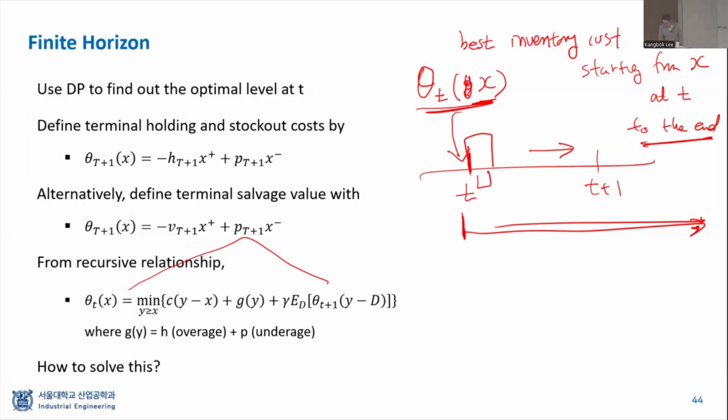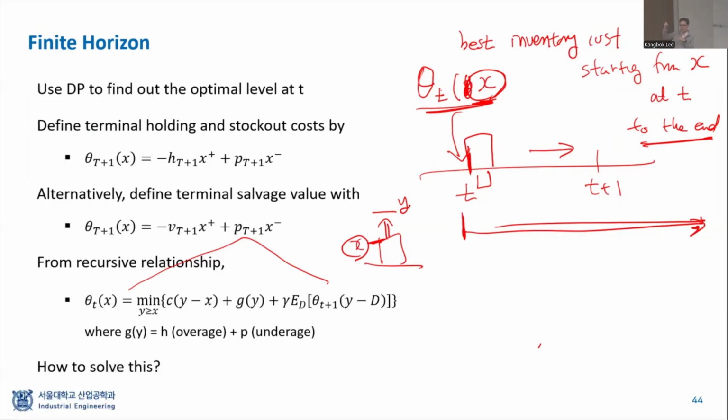And what I mean by x is something that I already have in my warehouse before I make my ordering decision of that time period. In other words, this is where I start, and then I can increase it to y, just as we saw from the newsvendor analysis. So I can eventually increase my current position x to y.